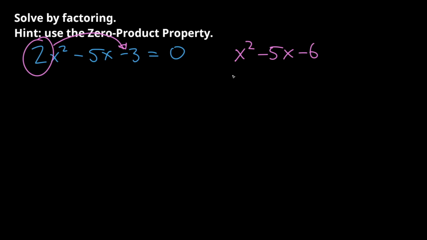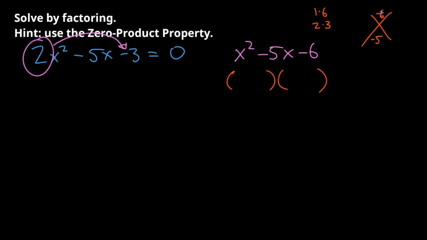We want to factor this out. So we can do a little factoring: x, -6 up top, -5 on the bottom. Factors of -6 that add up to -5. We have 1 times 6, 2 times 3. One of these factors has to be negative because we have a negative number up here.